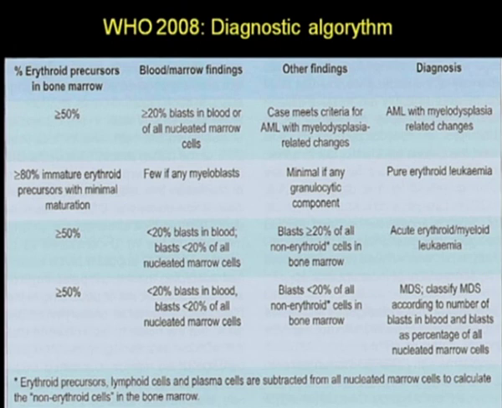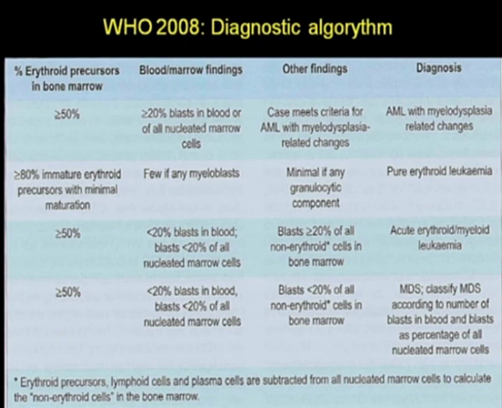If we have erythroid precursors more than 80%, and we have few, if any, myeloblasts, and a minimal myelogranulocytic component, we are in the context of pure erythroid leukemia.